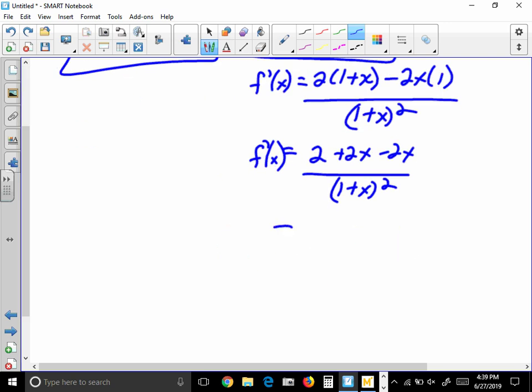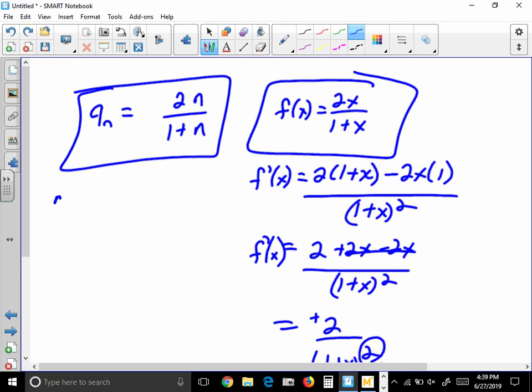If we simplify that, we get 2 over 1 plus x squared. Isn't that always going to be positive for any value? The top is always positive. The bottom is squared, so it's always going to be positive. So this is monotonically increasing. Each term is going to be getting bigger than the previous terms.